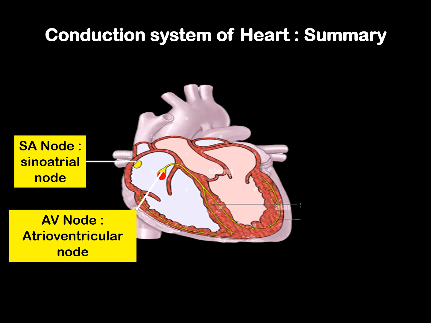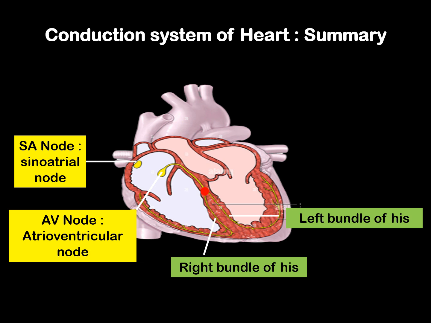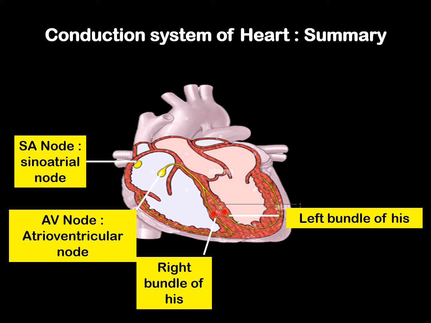After that, the signal is transported to the bundle of His, right bundle of His, left bundle of His, and from the bundle of His it reaches the Purkinje fibers, and the Purkinje fibers are responsible for transferring the signal to the right ventricle and the left ventricle. और जब भी ventricles को signal मिलेगा, that leads to the contraction of the ventricle. So from the right ventricle, deoxygenated blood will enter into the pulmonary artery, and from the left ventricle, oxygenated blood enters into the aorta, the biggest artery, and ultimately it is responsible for generating the heartbeat.